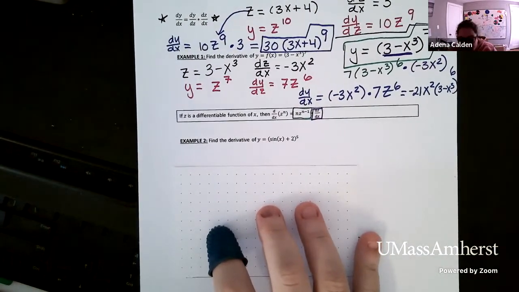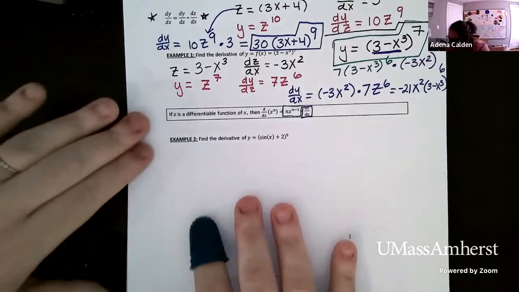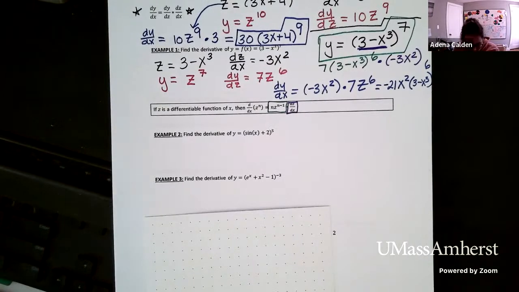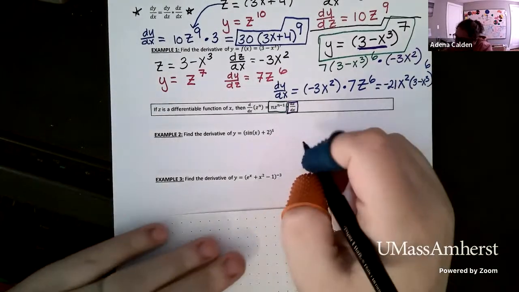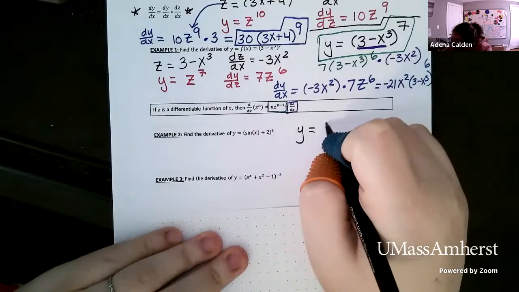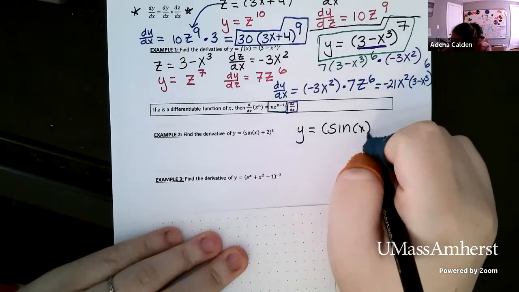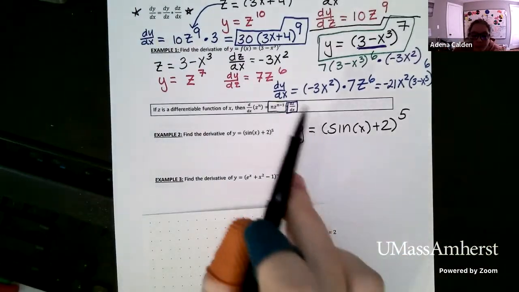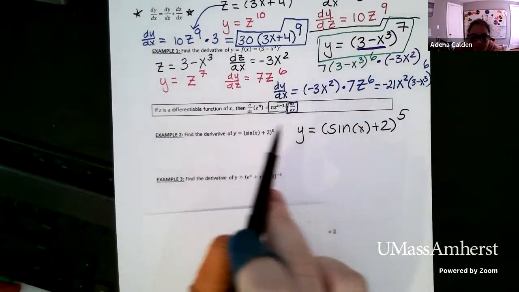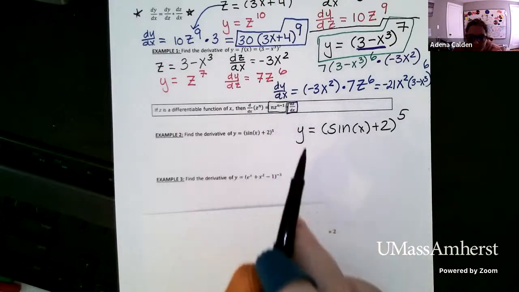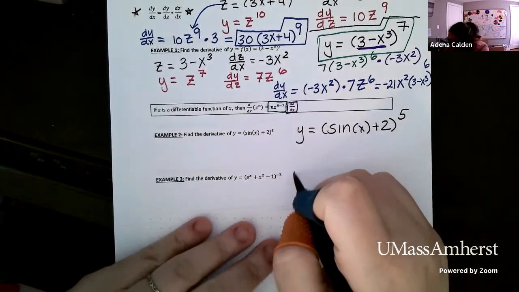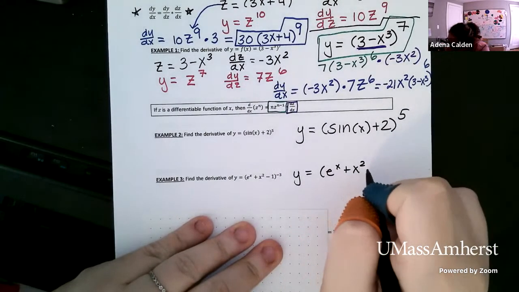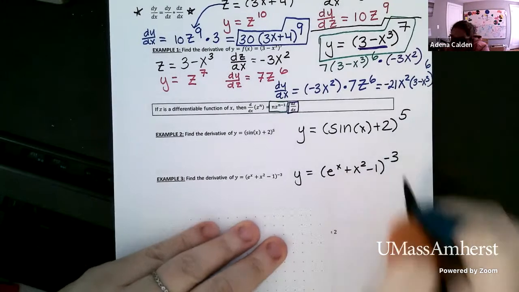So let's keep practicing this. I'm going to give you both of them to try. The first one is sine x plus 2 to the 5th. I'm going to write this a little bit bigger because this seems small to me. Think about using the outside-inside rule and see if that feels okay. The second one is e to the x plus x squared minus 1 to the -3.